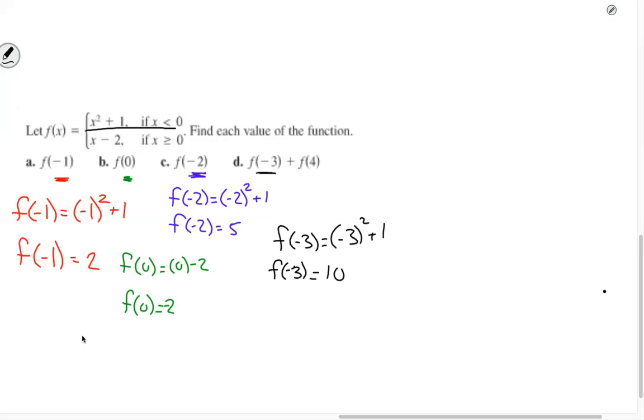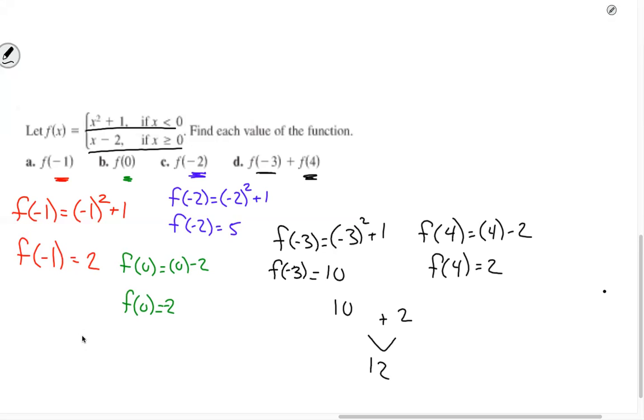And then it has this piece, which falls into here. And then I can combine the two by doing 10 plus 2 and getting 12. I know there's a lot going on.